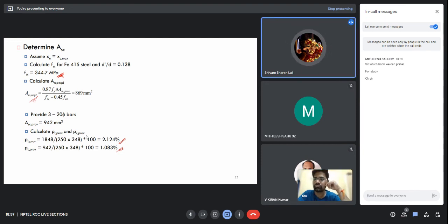Sir, I want to ask, in the previous session, you calculated the AST for that over-reinforced section, the fy value, meaning whatever be the stress in the bars in the over-reinforced section.